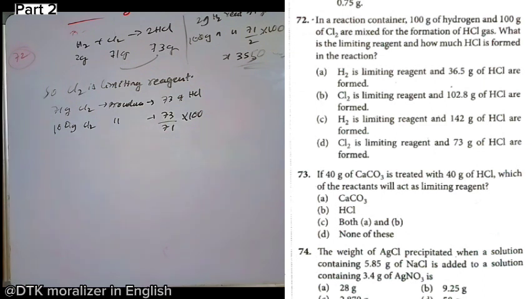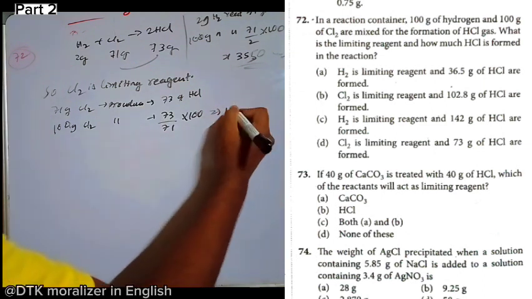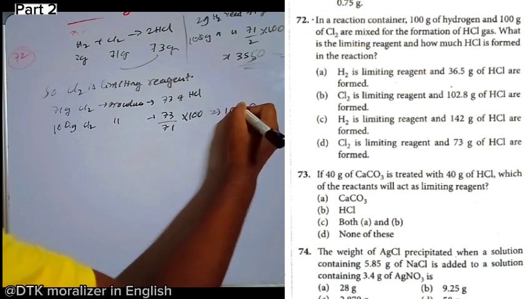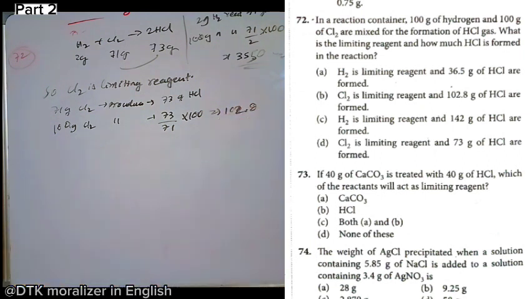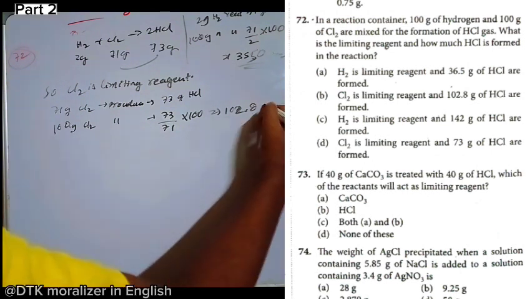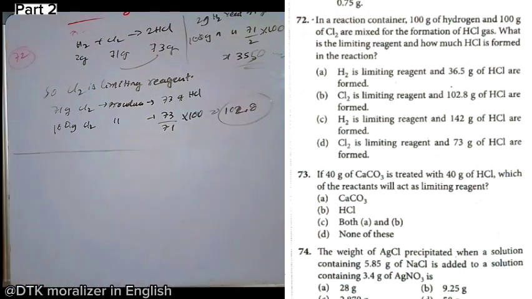For 100 grams, multiplied by 100, which is equal to 102.8. So here option B is right.